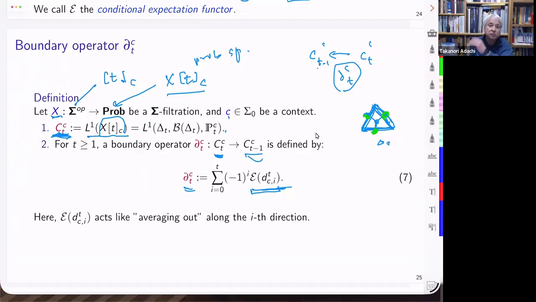Think about one of the oldest theorems in algebraic topology, Euler's theorem. You think about the number of points, the number of edges, and the number of faces, and we can compute something minus something plus something.